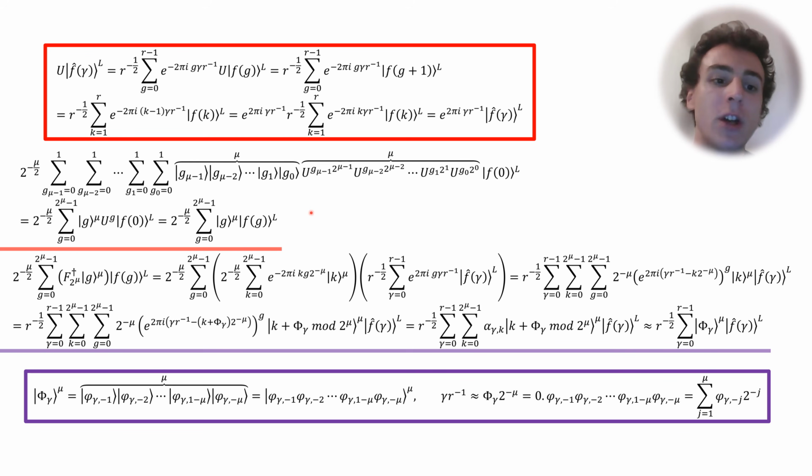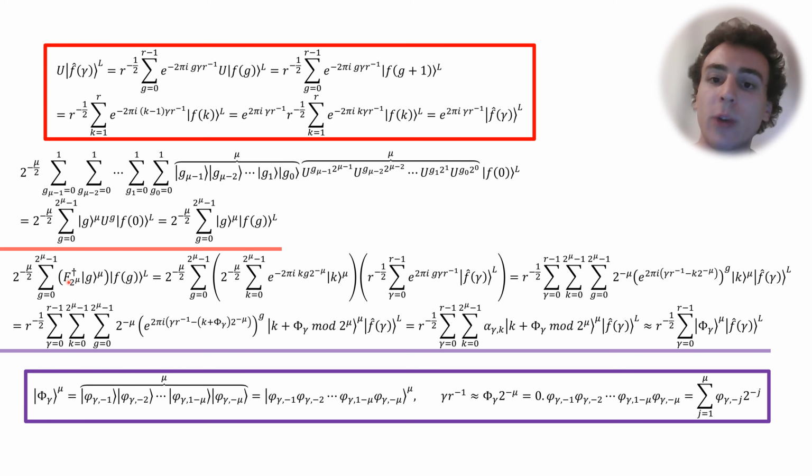Now let's move on to the purple snapshot. This is what happens after we apply the mu qubit inverse quantum Fourier transform to the register on the left, which is register x. And you can see what has happened from this state at the end of the red snapshot and this first expression in the purple snapshot. We have the notation F sub 2 to the mu, and then a dagger. 2 to the mu is the dimension of the Hilbert space of a mu qubit system.